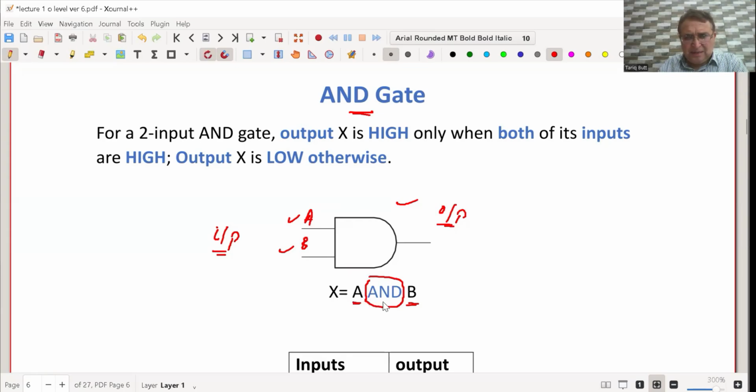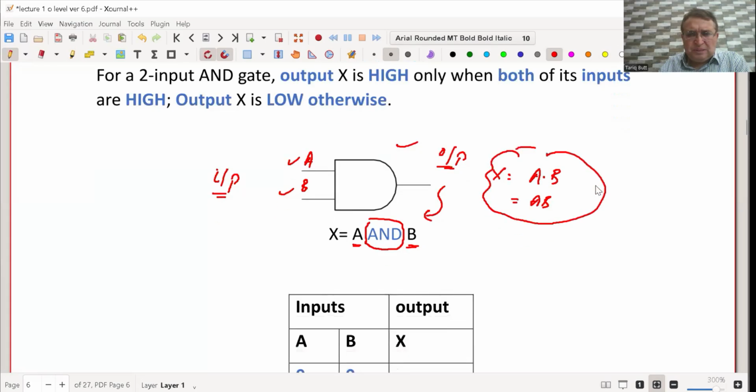So A and B. This is the logic expression for this AND gate. The Boolean expression for the same is A dot B, or sometimes just written AB. Fine. So this is the Boolean expression.